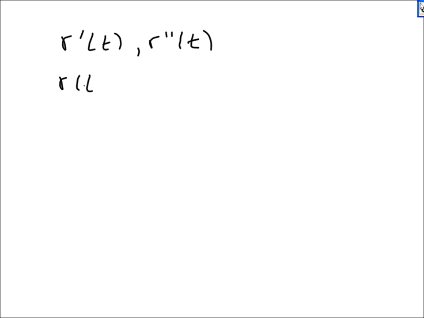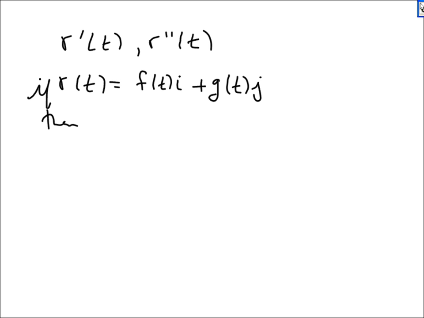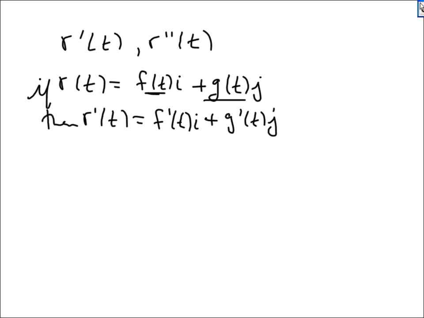If r of t is some function of t times i plus possibly a different function of t times j, then r prime of t is, well, you just take the derivative of the i component, that is f prime of t, plus the derivative of the g component times j, that is g prime of t times j.